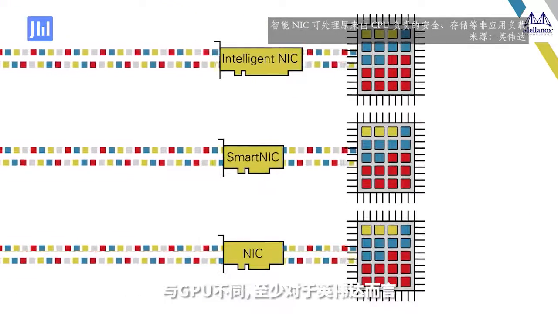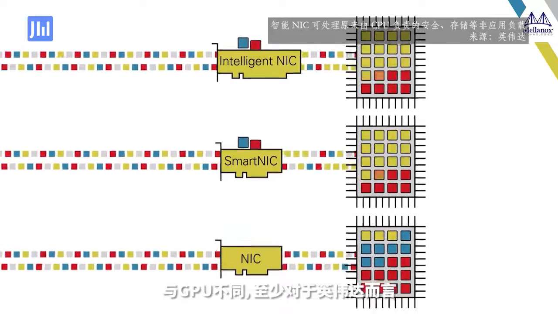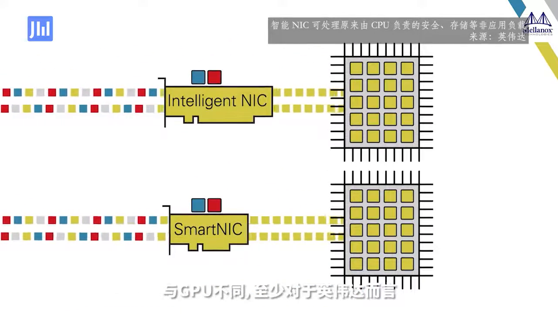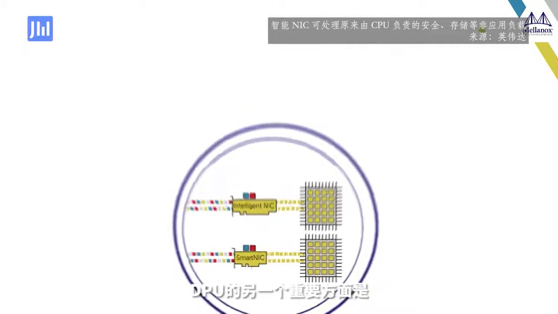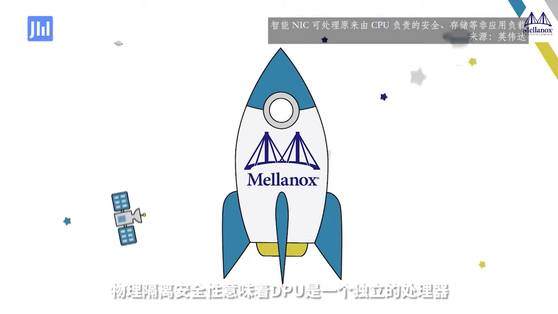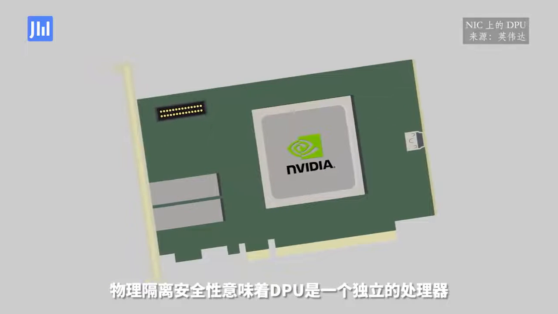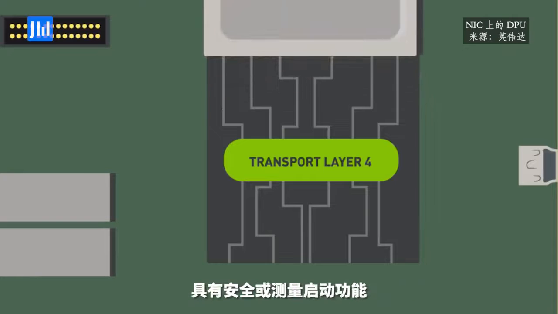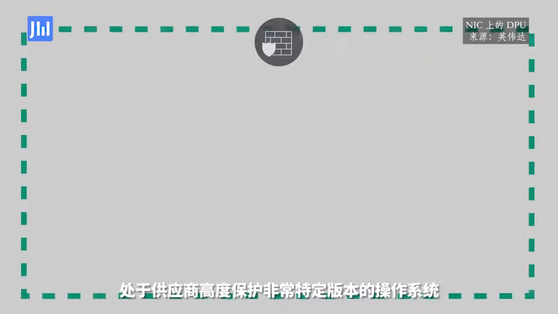Another important aspect in DPUs is that, unlike GPUs, at least from NVIDIA, they have what is called an air-gapped security property. Air-gapped security means that the DPU is an independent processor with a secure or measured boot. That is, it boots a very specific version of the operating system, highly guarded by the vendor.